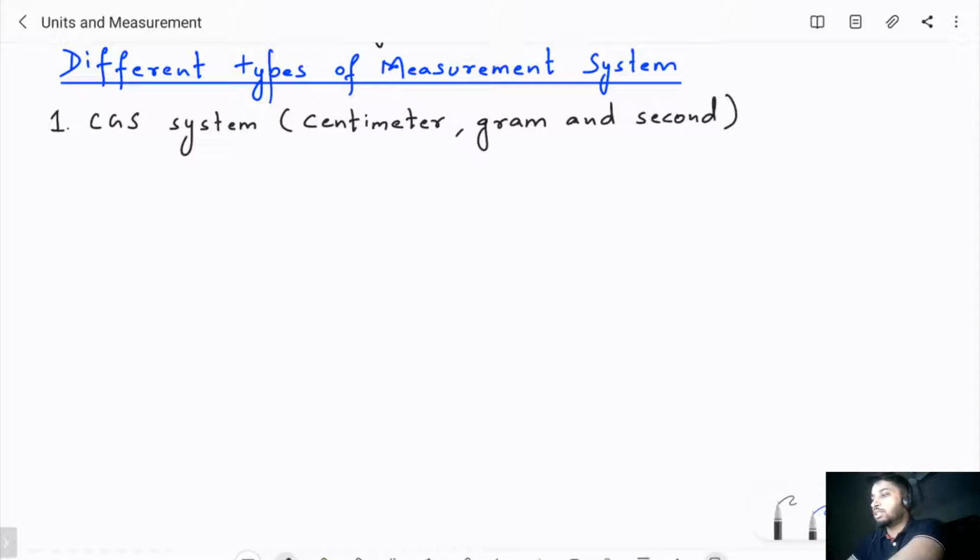In the CGS system of units, we measure length in centimeter, mass in gram, and time in seconds.